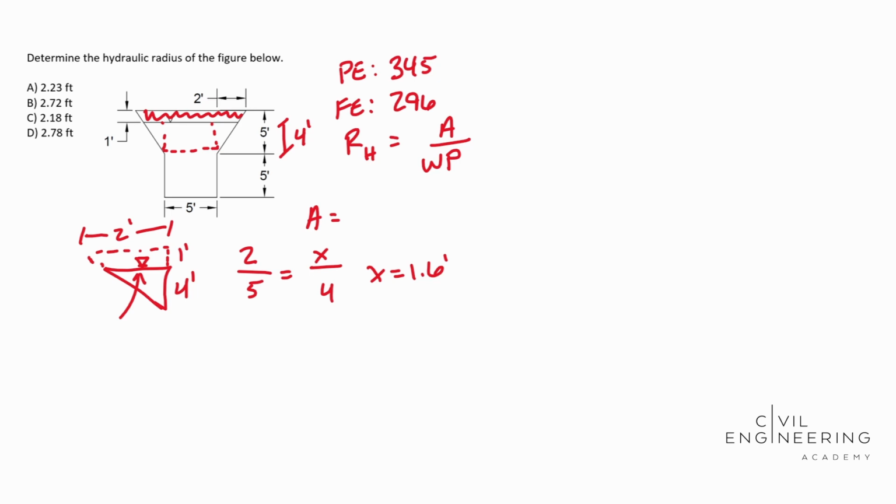So moving on here, we're going to include that first triangle, base times height divided by 2. Our base is 1.6 feet, our height is 4 feet, and then we're going to divide that by 2. And so we're going to add our next section now. This next section is going to be this rectangle that we created, this 5 by 5 rectangle. The area is 5 feet times 5 feet. And then we're going to add the next rectangle.